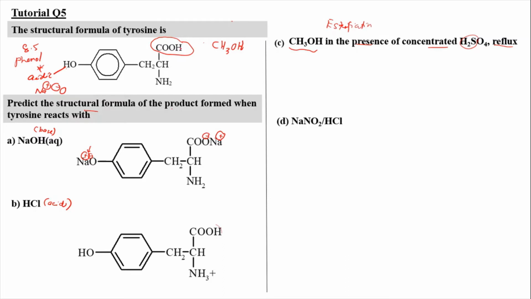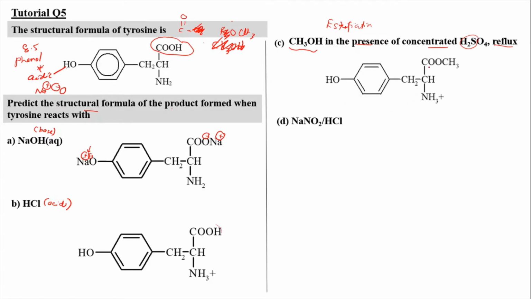Okay, so the C double bond O OH here, and here I can write it as HOCH3. So the OH part of the carboxyl can be removed, and the hydrogen of the alcohol can be removed, and this is going to be connected with the OCH3 in order to produce an ester.